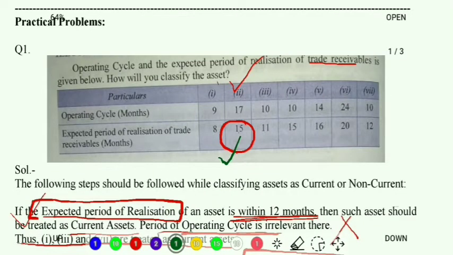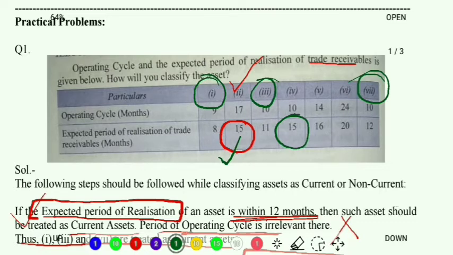Number 1, 3 and 7, these 3 have already been qualified as current assets. Now coming to number 4. Asset number 4 has expected period of realization again as 15 months, and it has an operating cycle of 10 months.